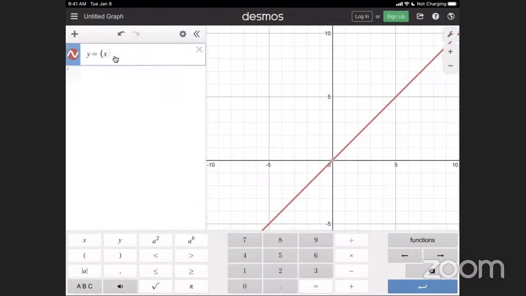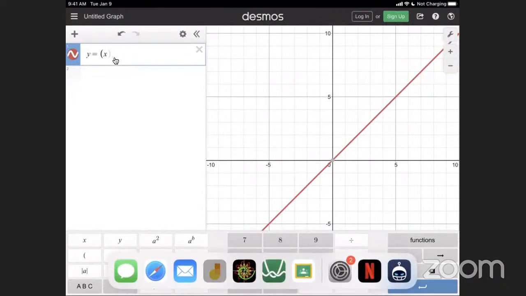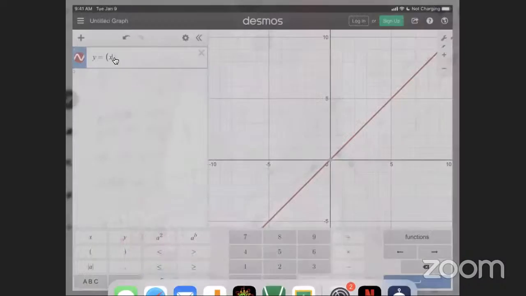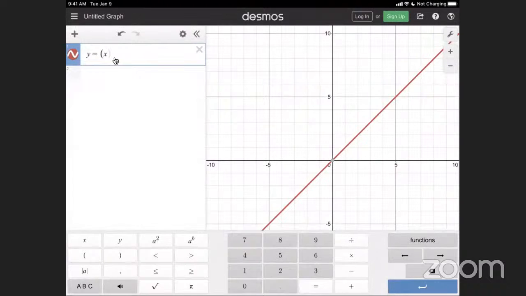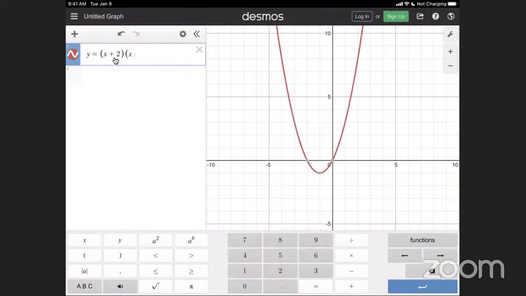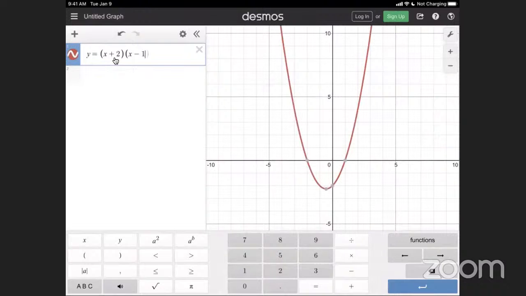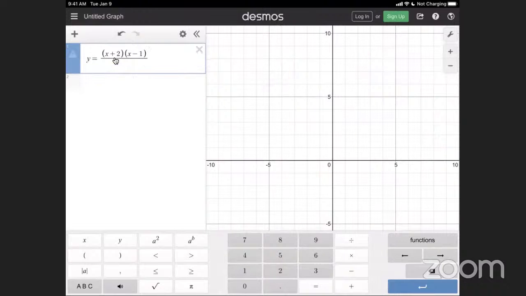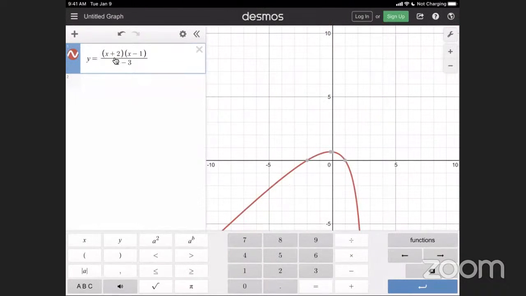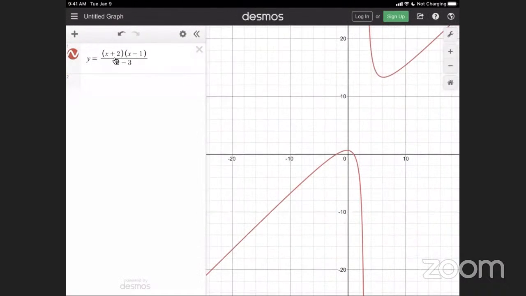But it's not showing up for some reason. All right, it'll be easier for me just to do it like this. (x +2)(x -1) over x minus 3. And look at that graph.